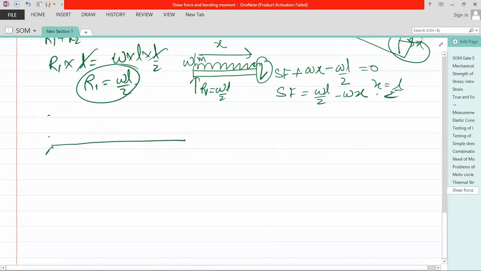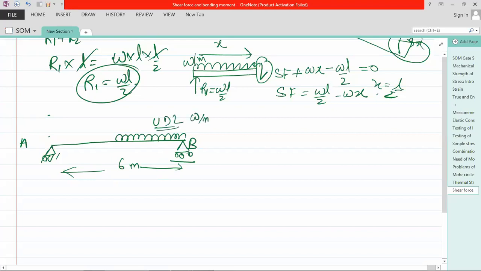Suppose you have this portion A, B, and it is 6 meters in length, and your half portion is UDL, uniformly distributed load of w per unit length.